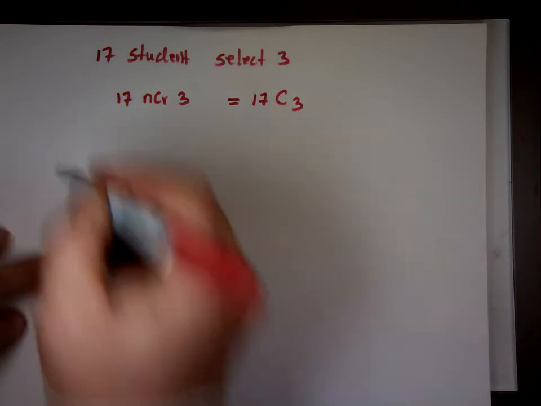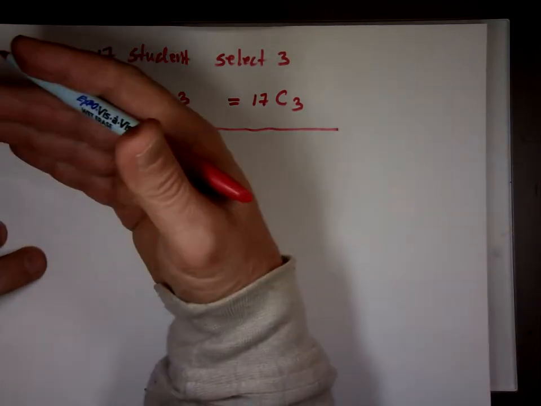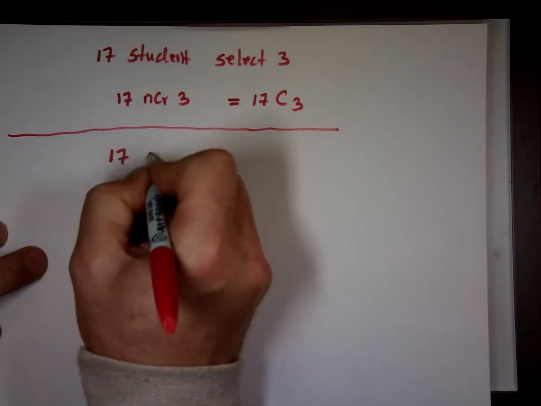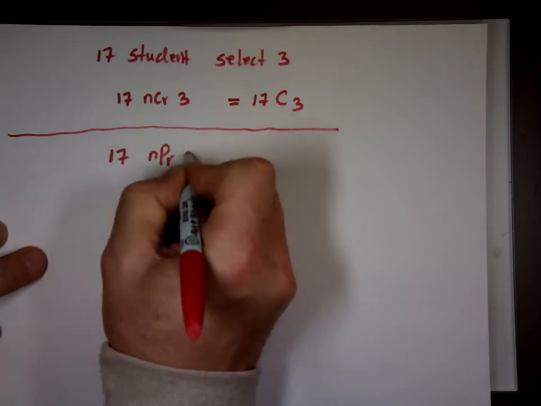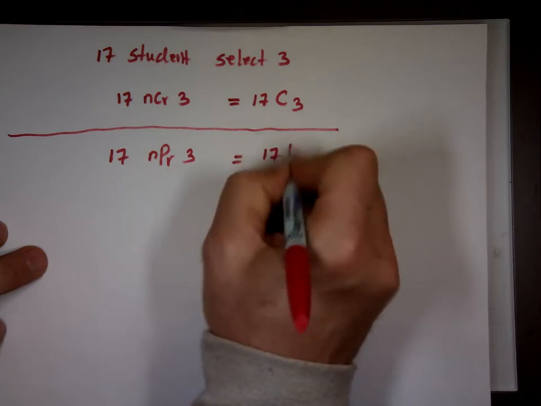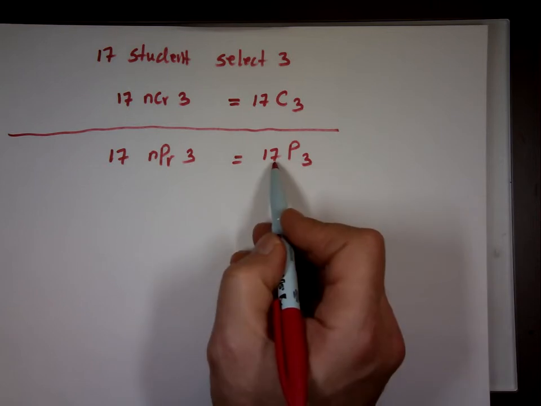Now, with the same group of people, if I want to pick somebody who's going to go backstage, somebody in the second row, somebody in the parking lot, this will be 17 nPr 3, which is 17P3. So this is how many you're selecting, and this is how many you have to choose from.